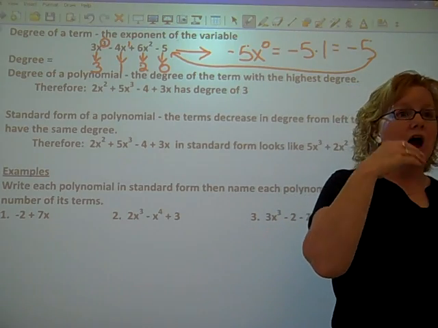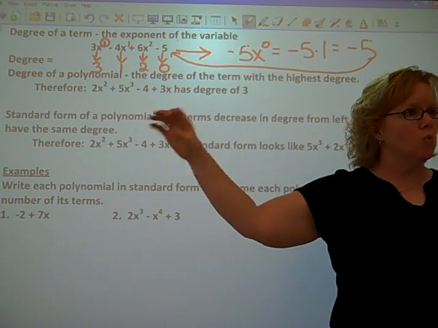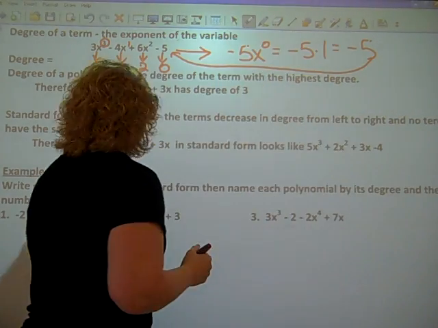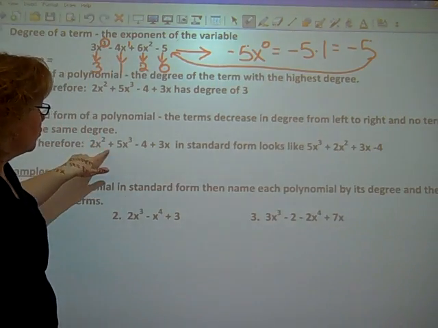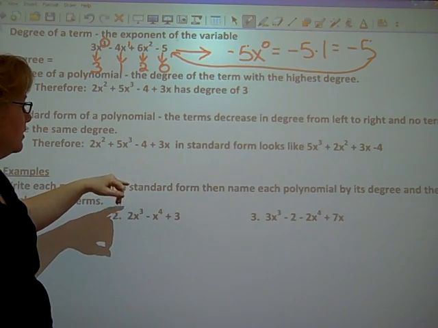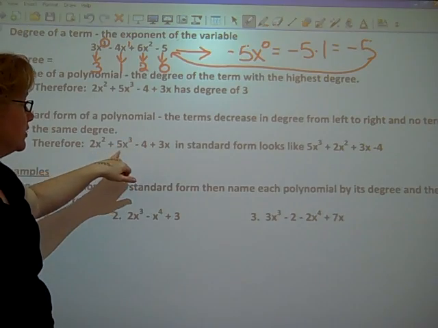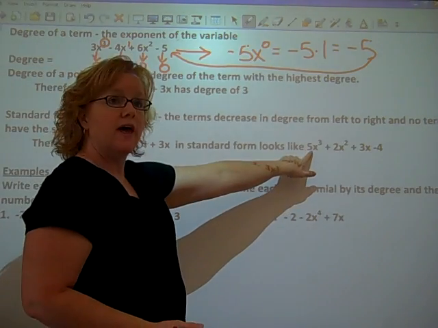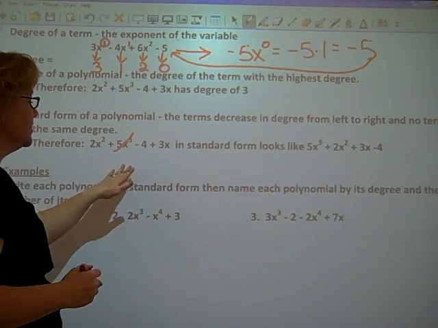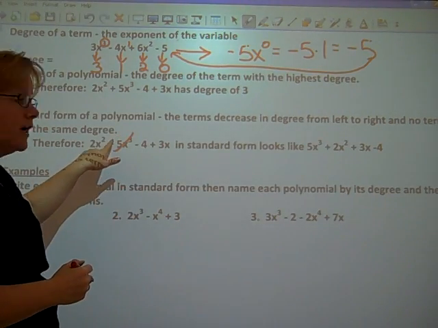So I need 4, 3, 2, 1, according to my exponents, okay, 0. What that means is I look through and I find my term with the highest exponent, which is what? 3. Okay, so 5x to the third is the term with the highest exponent. That comes first. Then I go through and I find the next highest exponent, which is 2x squared.